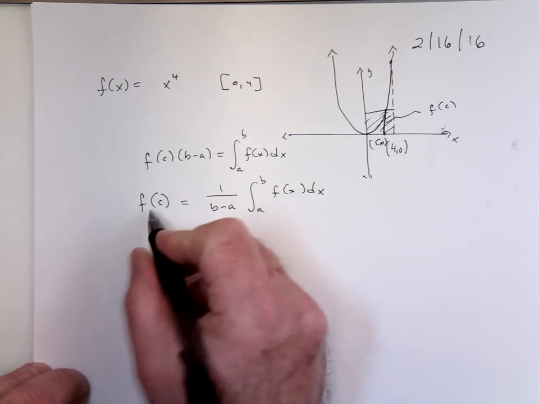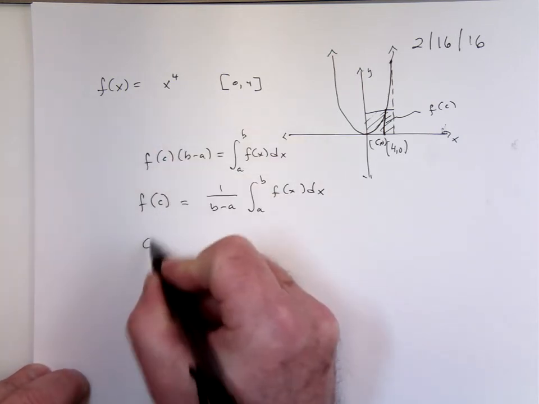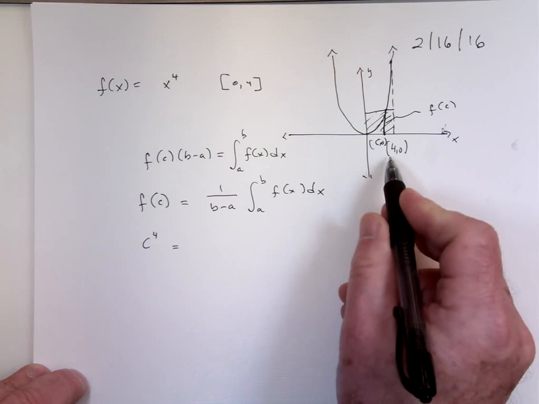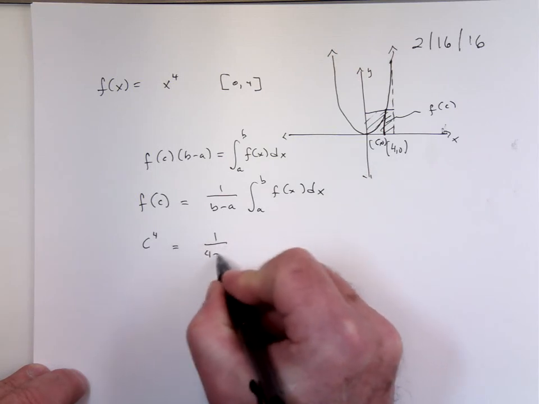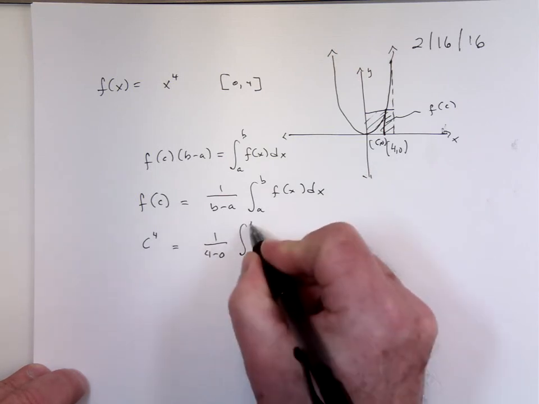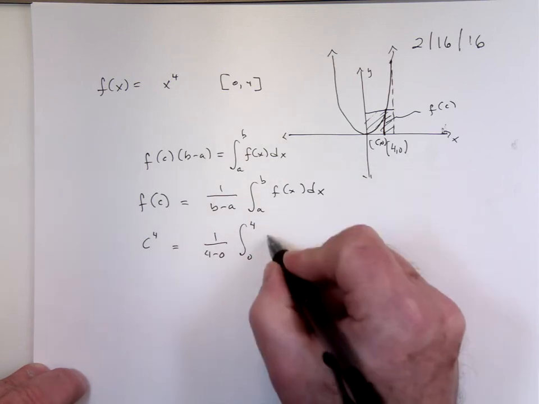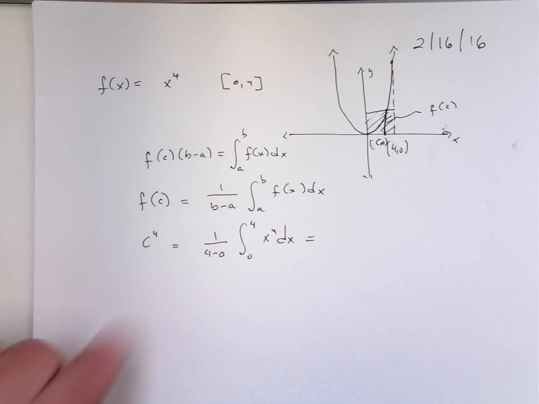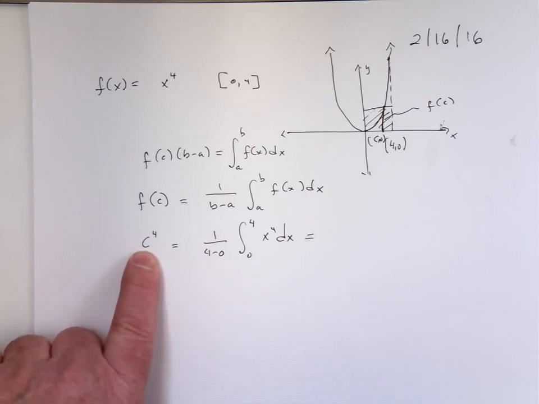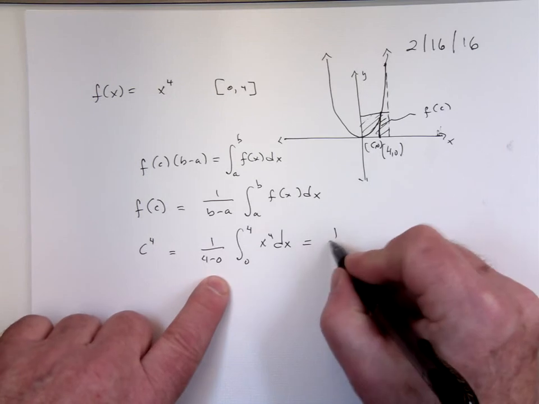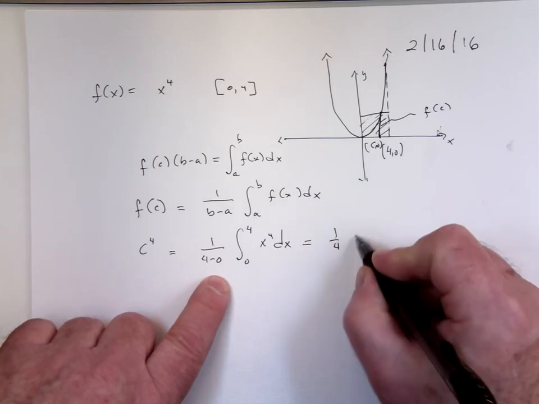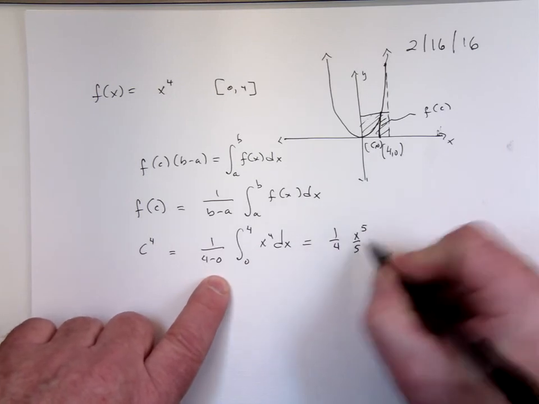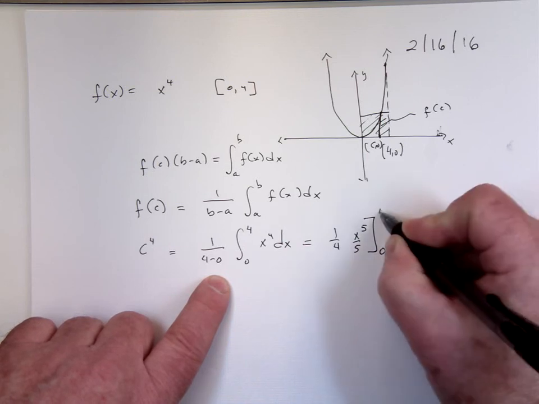F of c, now what would f of c be? That would be c to the fourth, equal to 1 over b minus a times the integral from 0 to 4 of our function, x to the fourth dx. So we're looking for the c where c to the fourth, that would be this height, is equal to 1/4 times the integral of x to the fourth, which is x to the fifth over 5, from 0 to 4.